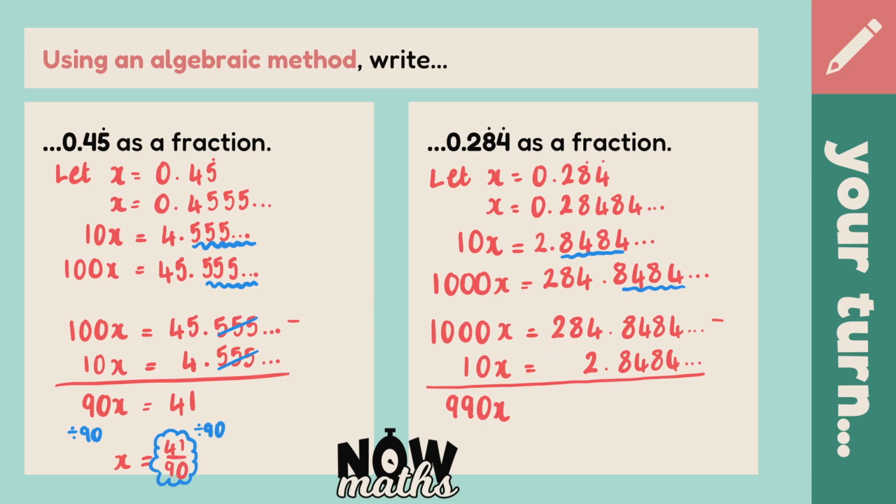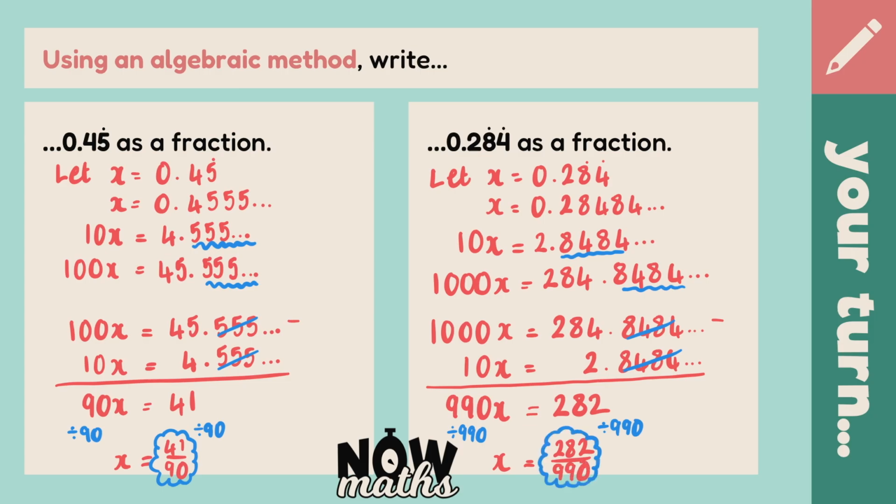that the recurring part would cancel completely, and we're left with 284 subtract 2, which is 282. Then solving the equation that we're left with by dividing by 990 would give us x on the left and 282 over 990 on the right, which is our final answer.